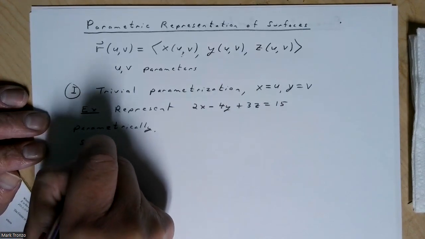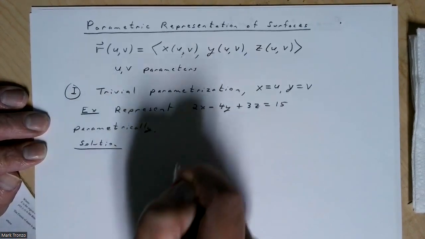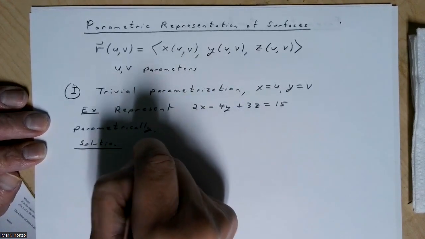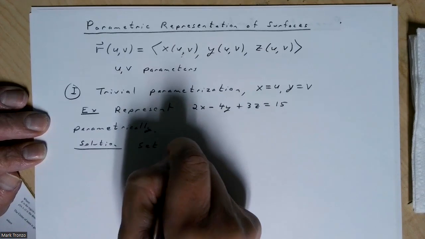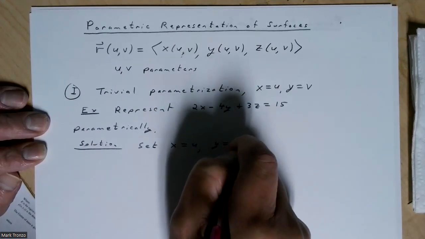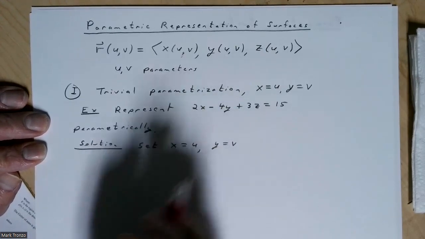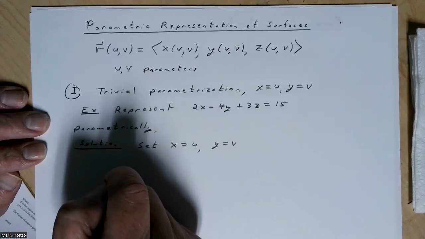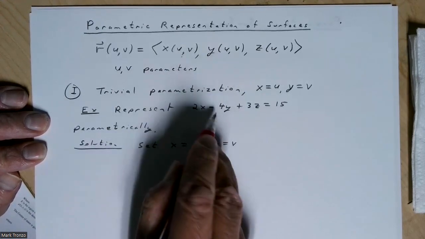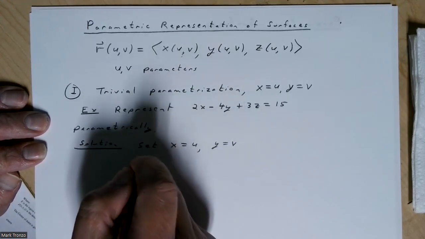And again, if you use the trivial parameterization, you could just set, say, x equal to u, y equal to v. Then you put this down here. And then you would solve for z.